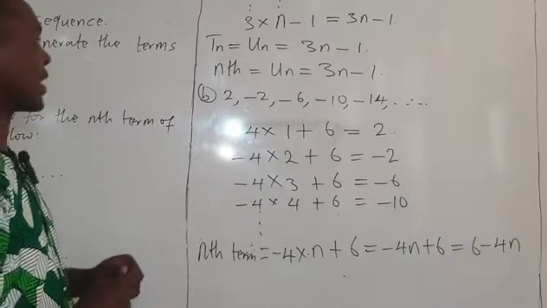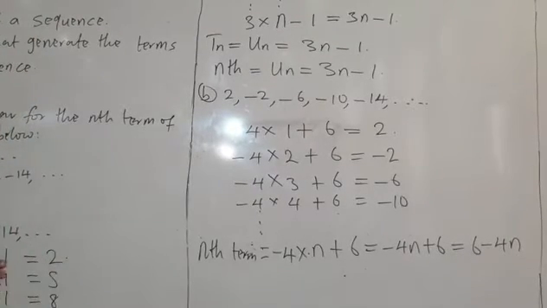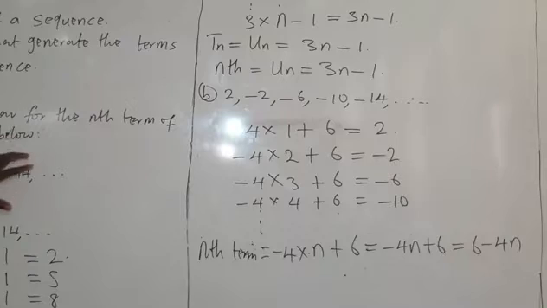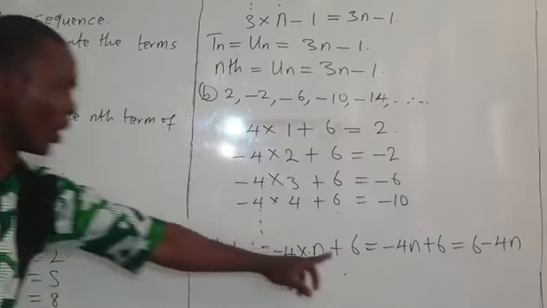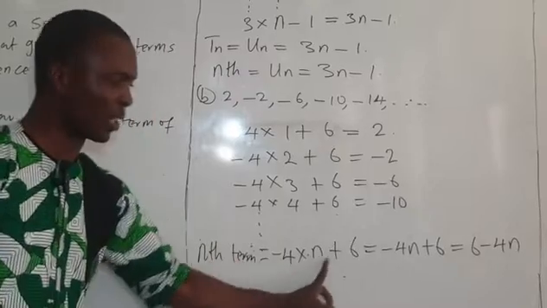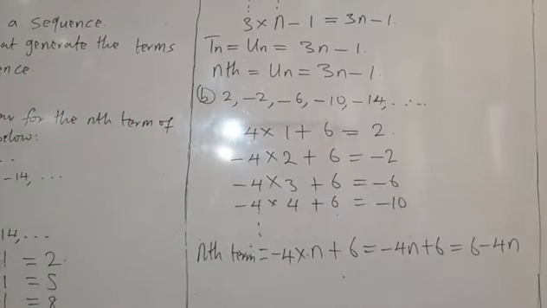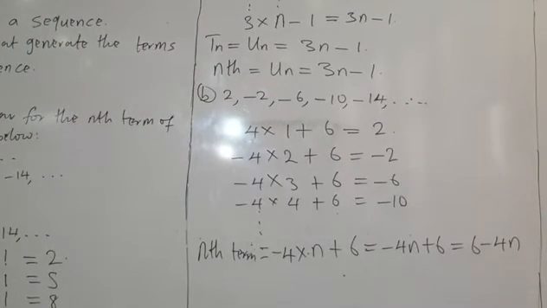So this is how to generate the formula, or how to find the formula for any given sequence. It's either you add the constant to the term given, or you subtract the constant from the term given.